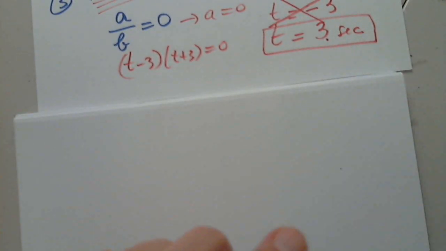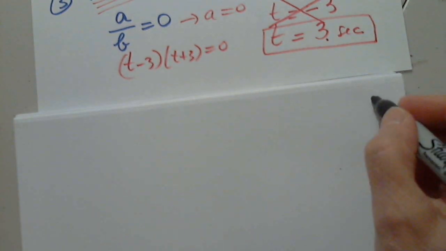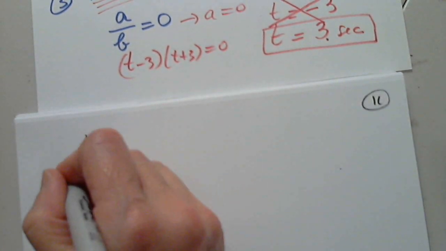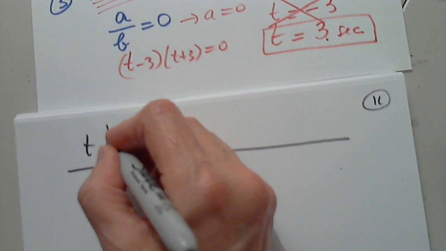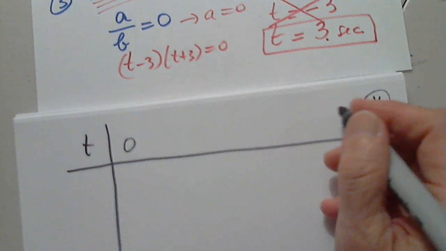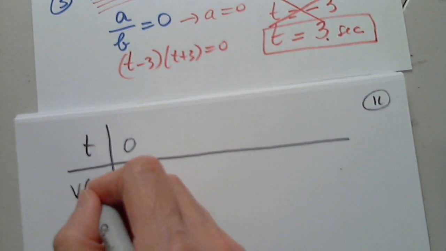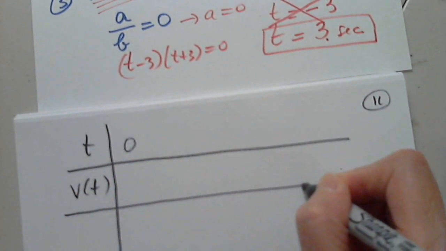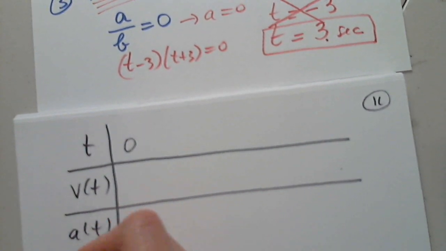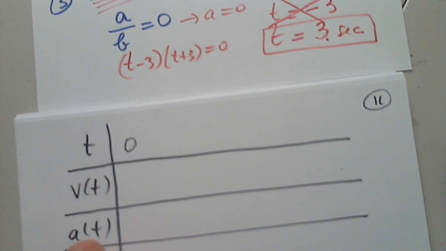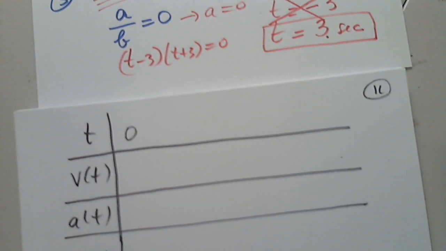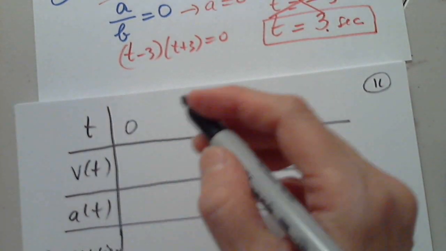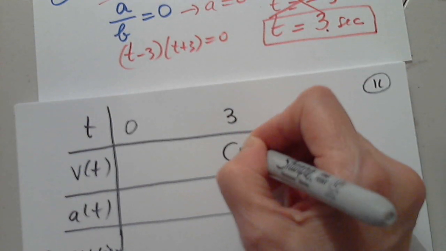So that's my page 11. t, 0 to whatever. v of t. a of t. Conclusion. We know that the velocity is 0 at 3.